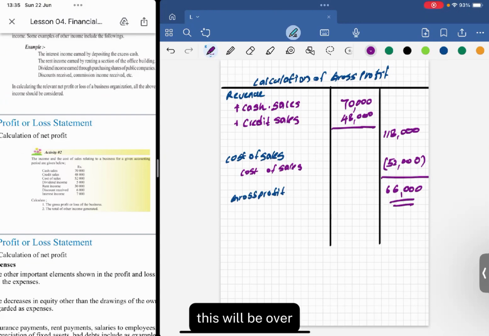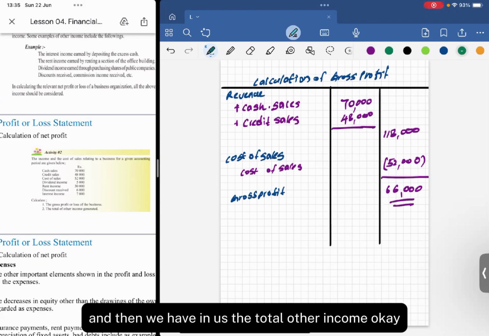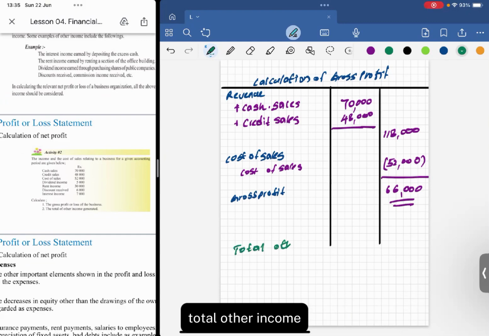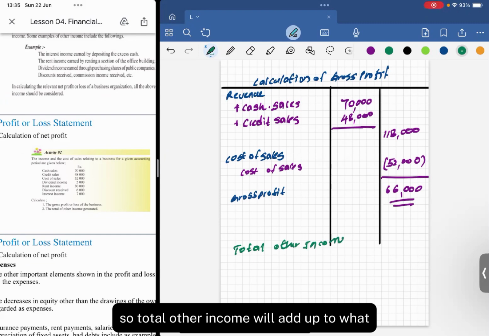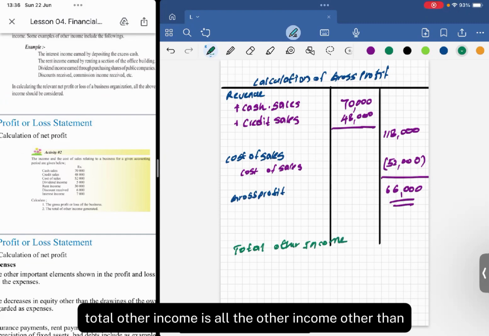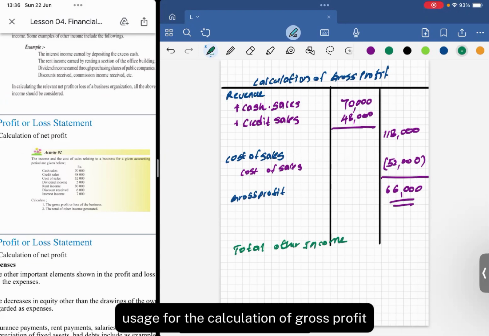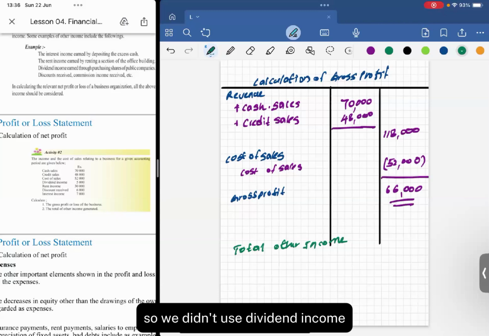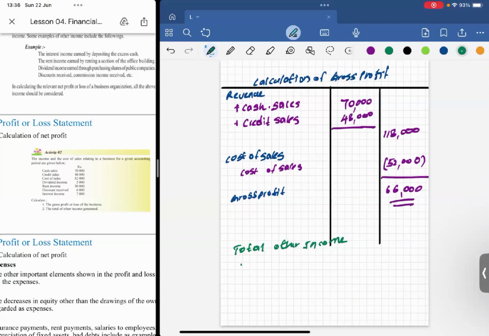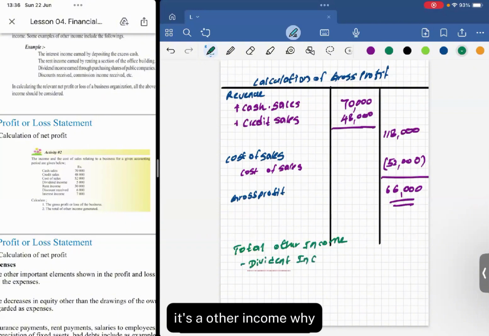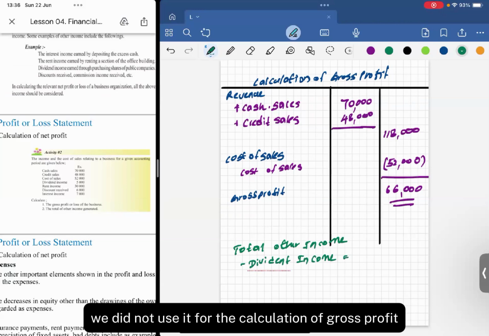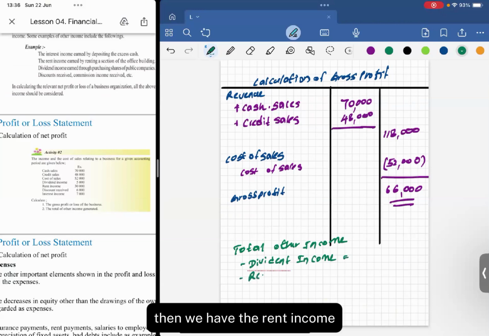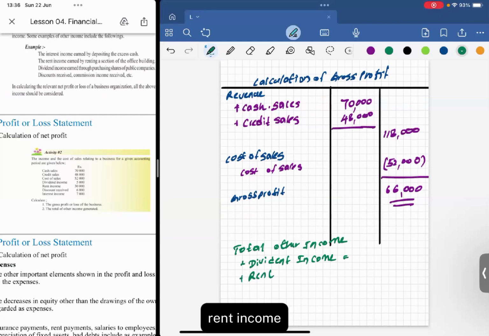Now we have been asked for the total other income. Total other income is all the other income other than what was used for the calculation of gross profit. We didn't use dividend income for the calculation of gross profit, so it is other income.